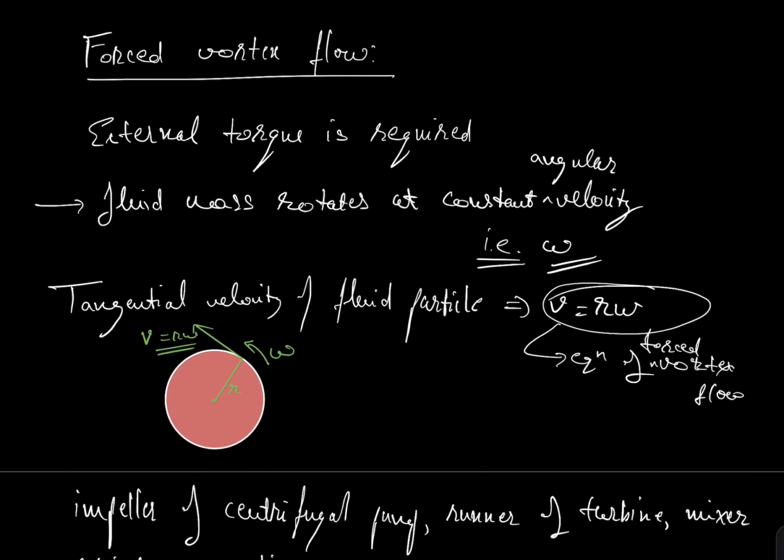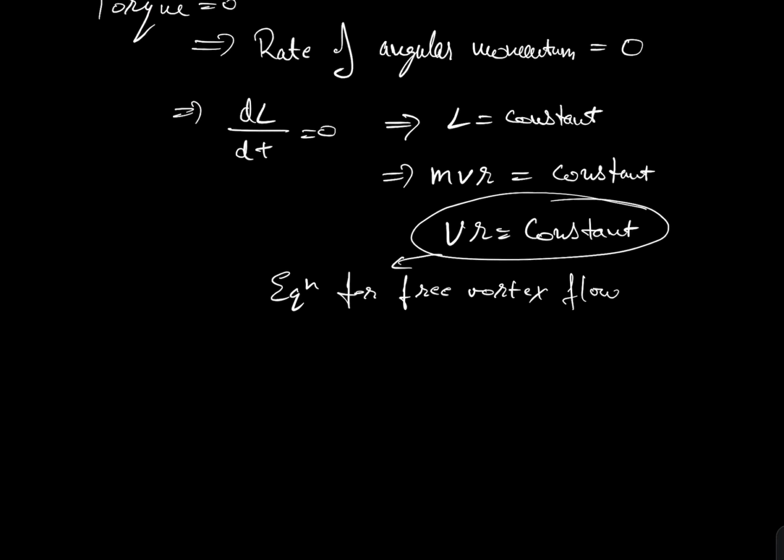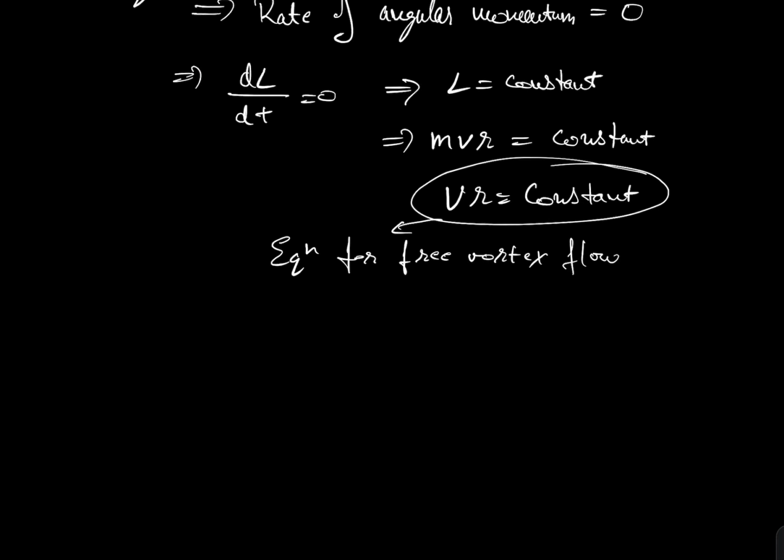For forced vortex flow, it was v is equal to r omega. For free vortex flow, it's vr is equal to constant. Now what are its examples? You must have seen a wash basin sink, right? Flow through a wash basin sink.